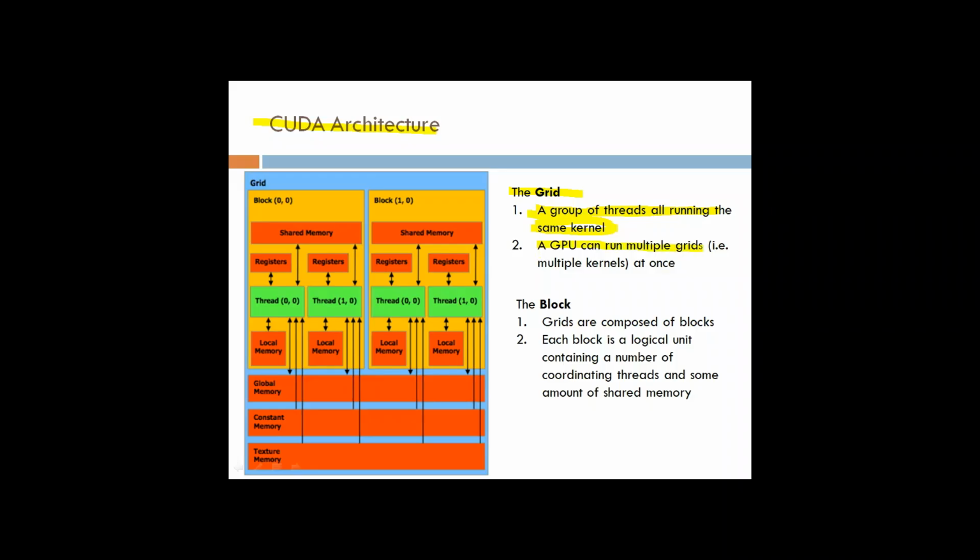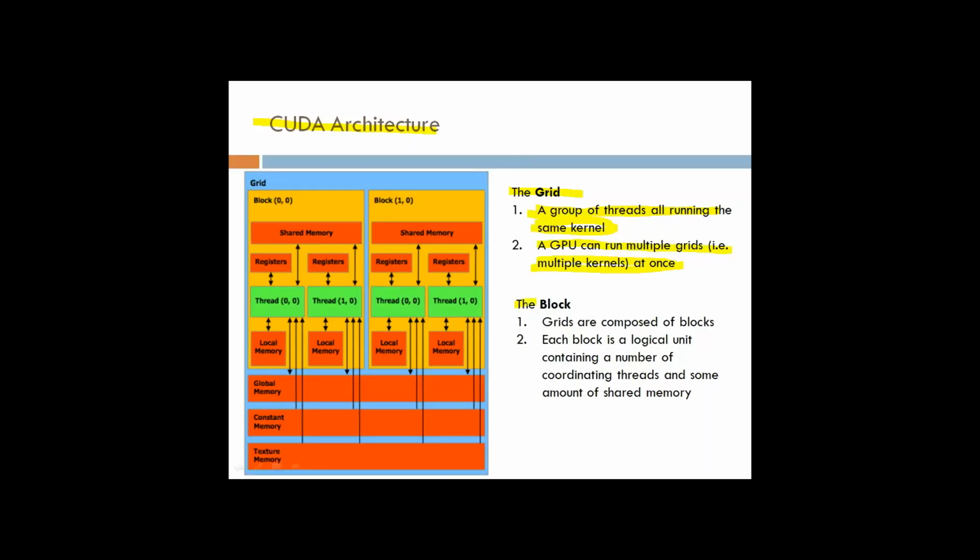A GPU can run multiple kernels at once, because all the kernels are executed in parallel, not sequentially. So multiple grids means multiple parallel functions, and they can be executed simultaneously.